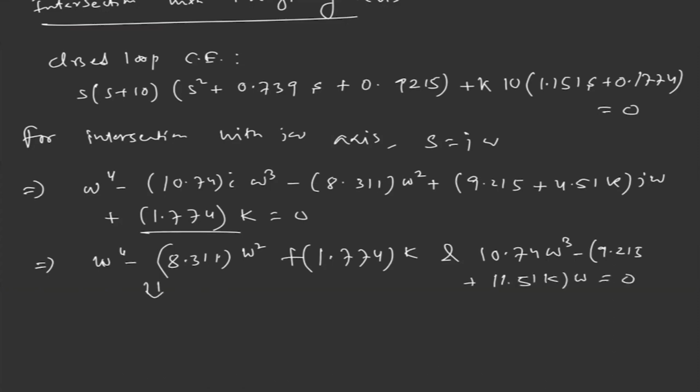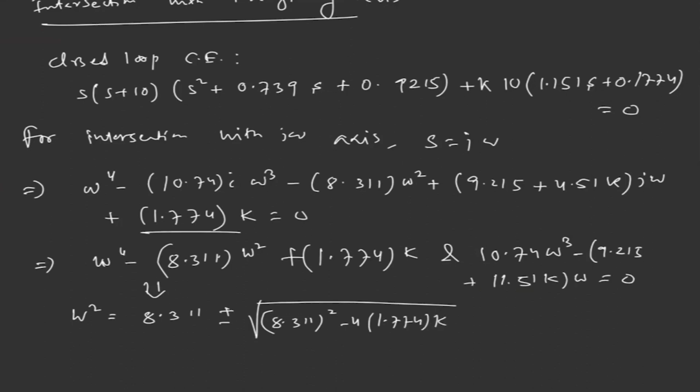And from this we'll have omega square equal to 8.311 plus minus square root of 8.311 square minus 4 into 1.774 into K, divided by 2.